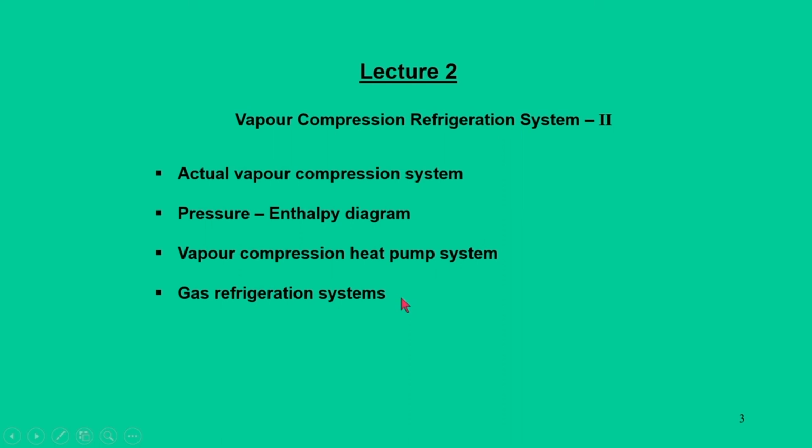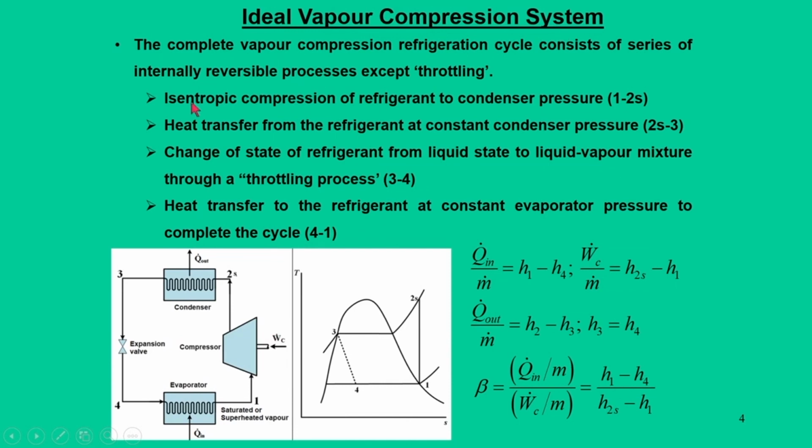So, let me start with the ideal vapor compression system, which we stopped at in the last class. A complete vapor compression refrigeration cycle consists of a series of internally reversible processes except throttling. These components are the evaporator, in which heat is added from the space to be cooled, and through this process the refrigerant changes its phase from liquid state to saturated or superheated vapor state.